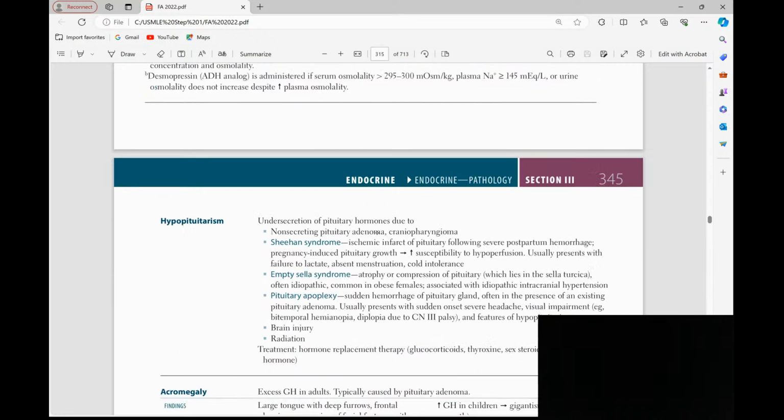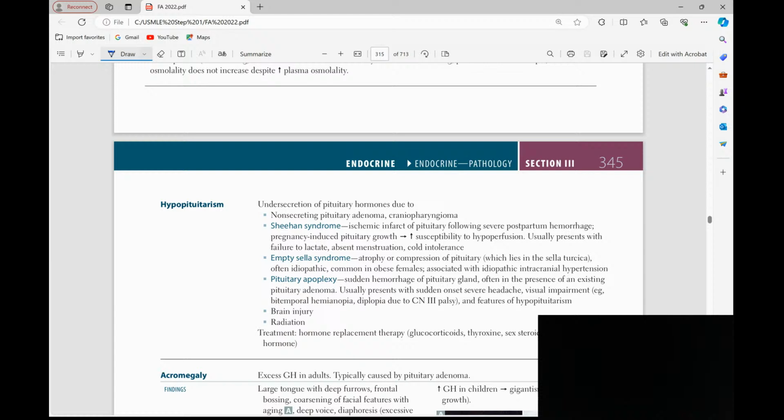That's it. And this is important: Sheehan syndrome. That is when there is severe postpartum hemorrhage. Sometimes there will be excessive loss of blood in a delivery case. In such a condition, there will be ischemic infarct, and a decrease in the pituitary gland.